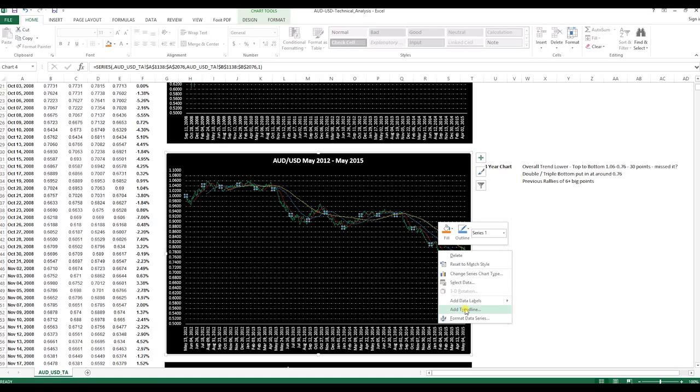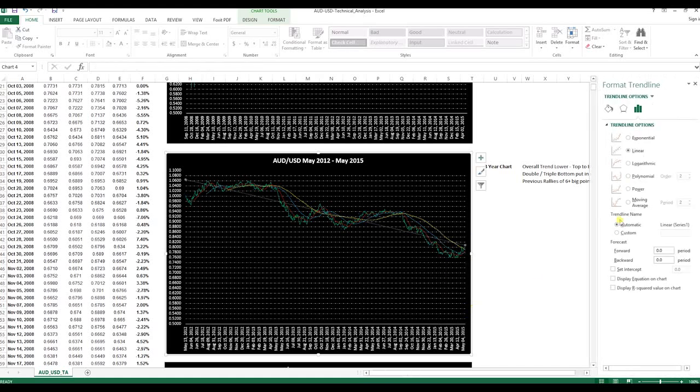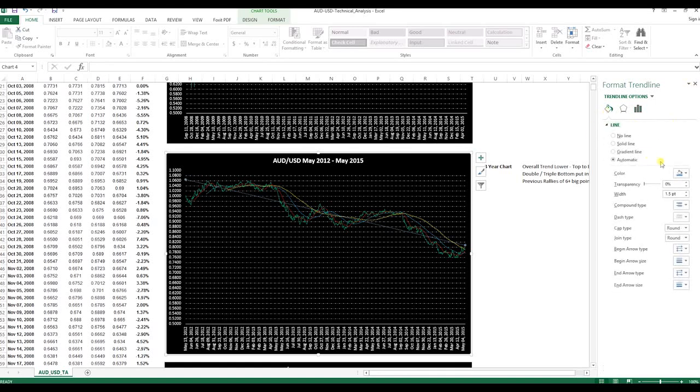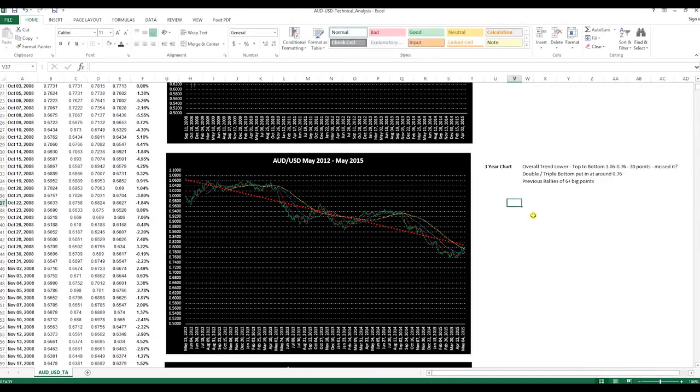You can right mouse click, add trend line, and you can just plot a linear trend line. And we can change the color here. So let's change this to red, and we can thicken it up. And you can see the overall trend is down.